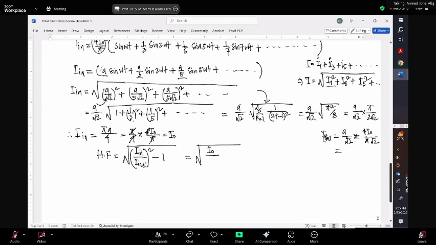Can you repeat the question? Can you calculate what is the value of this one? 0.90 I naught, right?